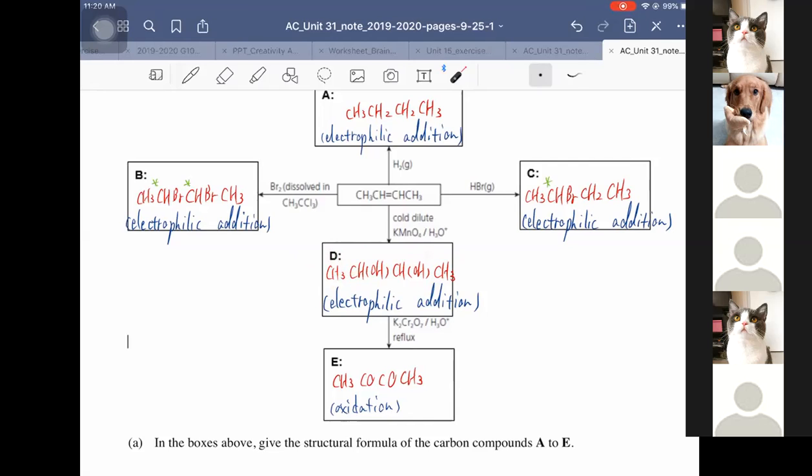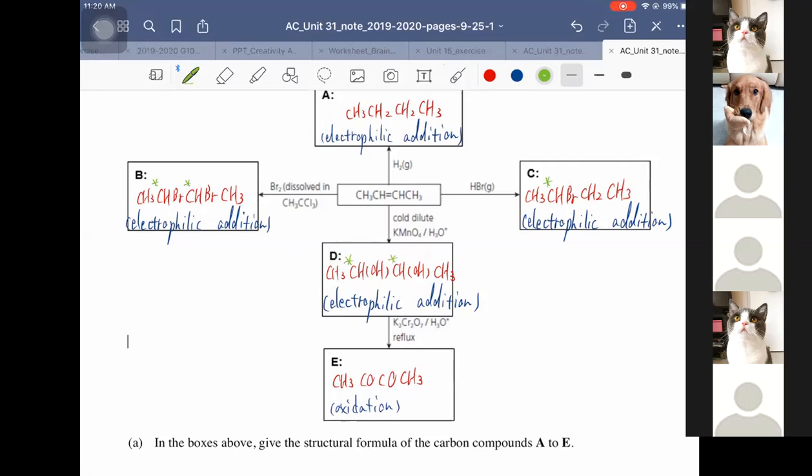So this carbon is attached to four different groups. That's a chiral center. Because it's symmetrical, the other carbon should also be a chiral carbon. So this one is again a chiral molecule.